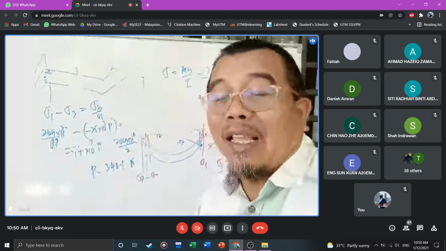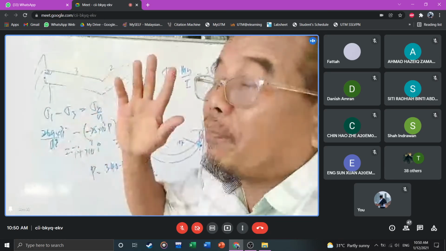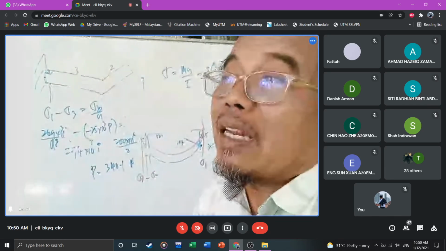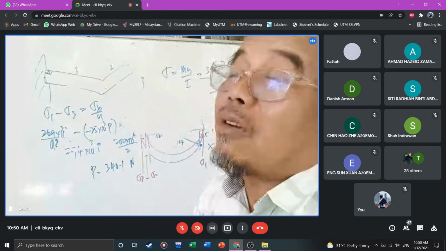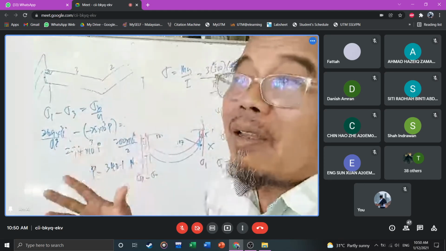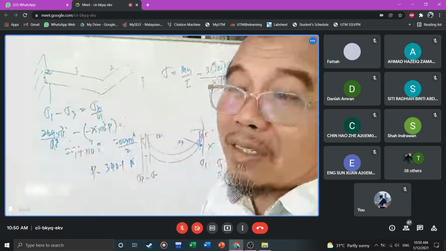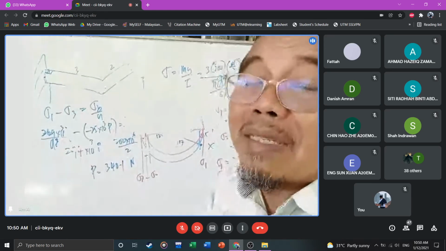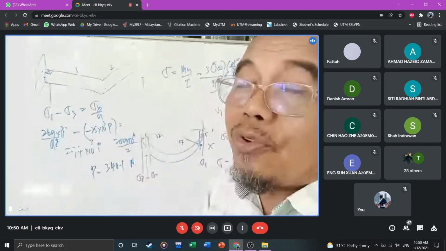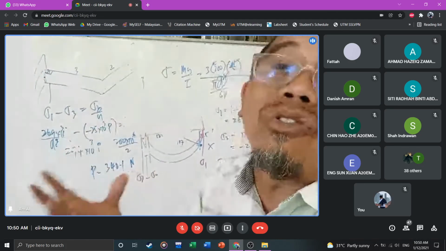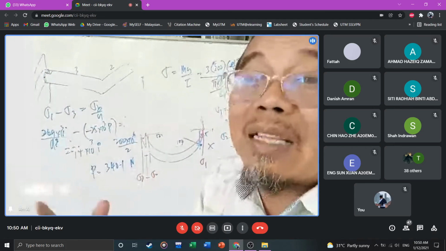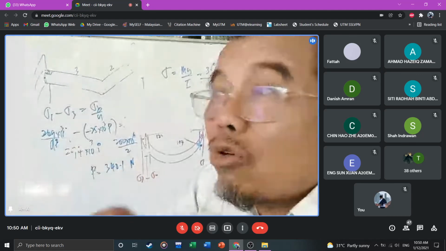So this is the trick. So this is all the most difficult things in engineering. Because it's not difficult actually. This subject covers everything in engineering. Every engineer must understand this. If you don't understand this, it's no use you become an engineer. Understanding is not by memorizing. You know from A to Z.